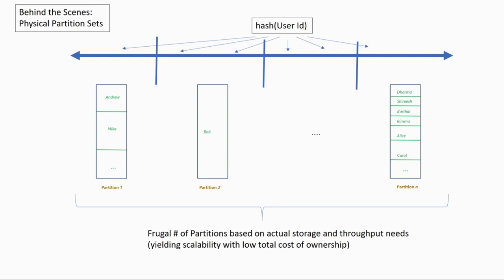The number of partition sets can be variable and tuned based off of your actual storage and throughput needs. And this way, because we choose a frugal number of partition sets underneath, we can both give you scalability while still giving you a low total cost of ownership. Basically, we'll co-locate a range of partition keys on each physical partition.